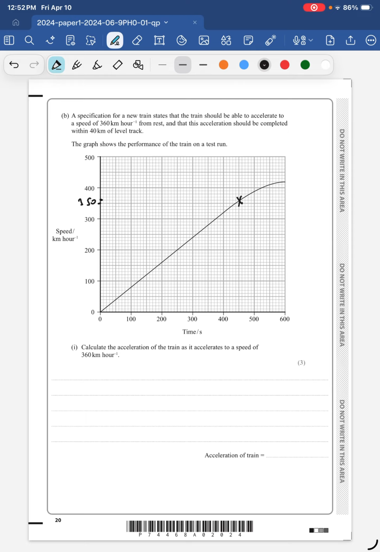The line is straight, so we can use the fact that the gradient is delta V over delta T, which is the acceleration.